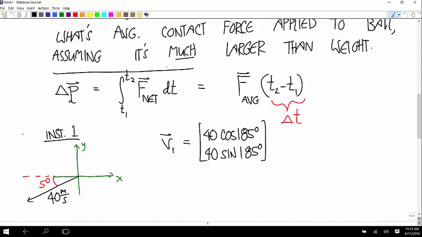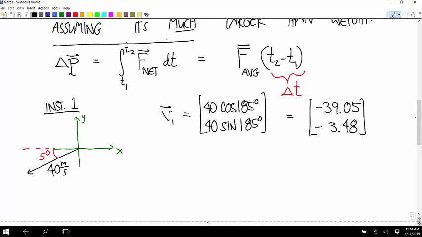Can someone plug that into a calculator and tell me what that is? And so, yep.